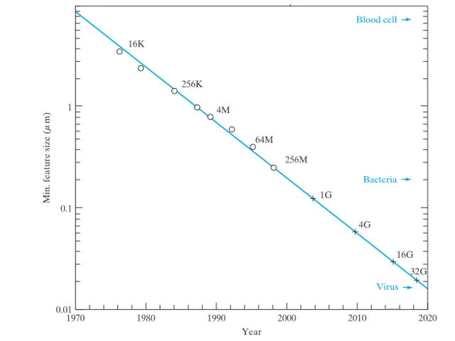Then we have one more graph here, which is telling us the feature size. Feature size means the size of the transistor with the year. So earlier in the 1970s, the size of the transistor was large, correct? It is in micrometers, right?